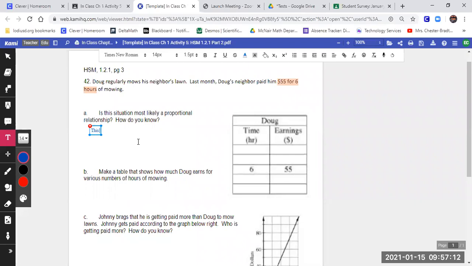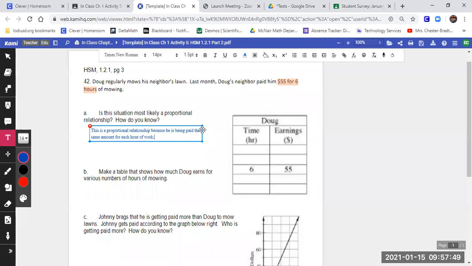So this is a proportional relationship because he is being paid the same amount for each hour of work, right?